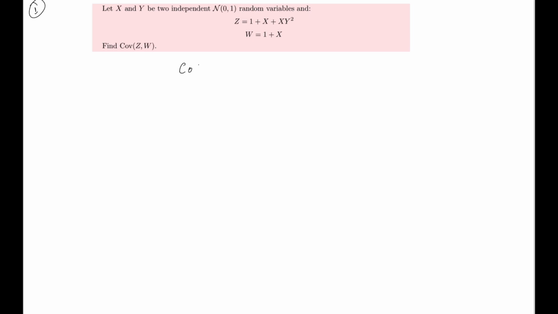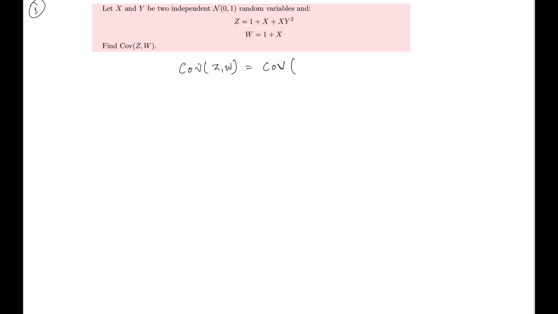In order to find this covariance between z and w, we are going to make use of the properties that we have seen for covariance. Everything that we know is about x and y, and z and w are also in terms of x and y.